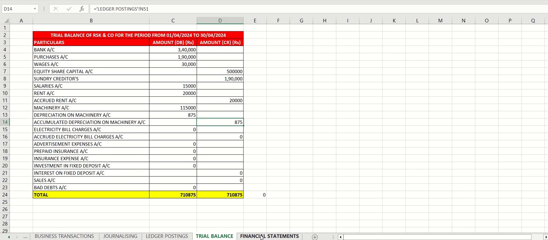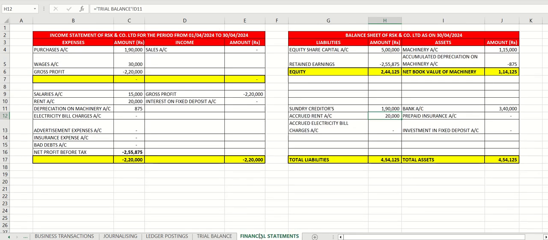Okay, now let's move to the last phase of the accounting cycle, and try to understand how these are supposed to be reflected for this particular business transaction. Depreciation on machinery 875, and we are adjusting this accumulated depreciation on machinery from the acquisition cost or historical cost of the machinery, and we are showing the net book value of machinery over here.